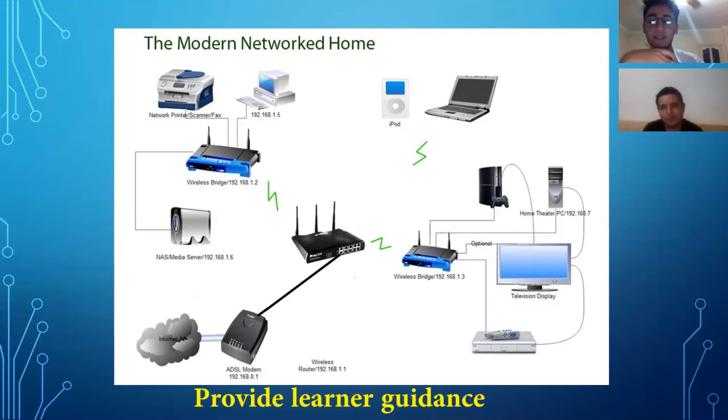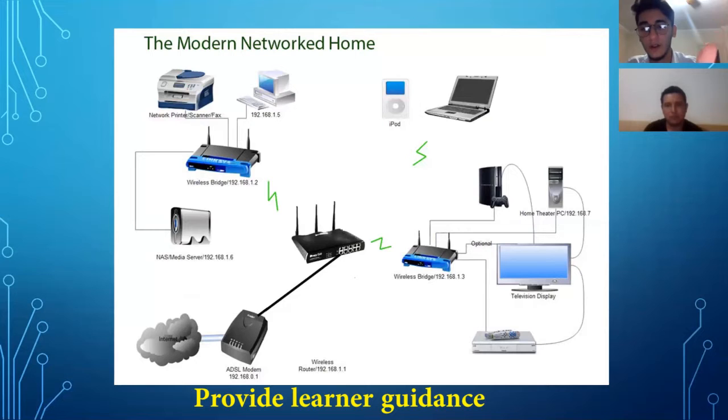Basically, the lightning bolts show the waves. We have one wireless router in the center, which is connected to the modem, and that makes a connection to the internet. The lightning bolts are the waves that these wireless devices use to communicate between them. We have three different connections. One is through the iPod and the laptop, which use only wireless to communicate with the wireless router.